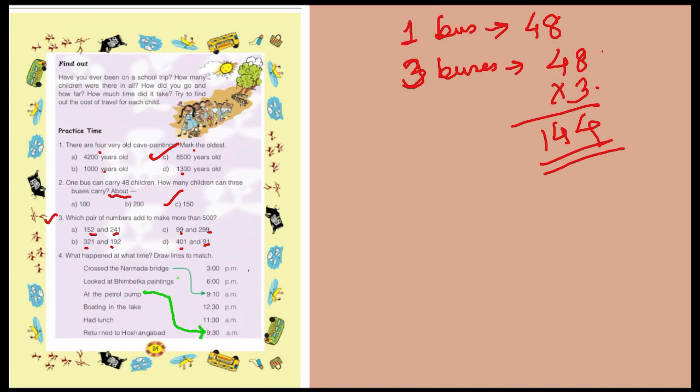They went to Bhimbetka paintings and they saw the paintings at 11:30 a.m. Then they had lunch. That will be at 12:30 p.m. Then they went for the boating in the lake at about 3 p.m. and they returned to Hoshangabad at 6 a.m.